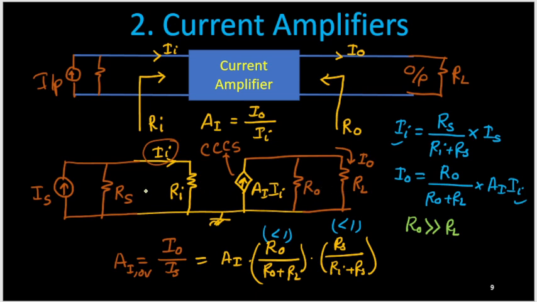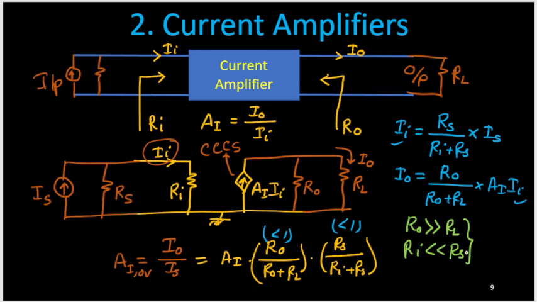Very similarly here, Ri should get the maximum current, so Ri should be very small compared to Rs, and that is also from here. If Ri is very small, then Rs upon Rs will be close to 1, right? Thus, Ri is very small compared to Rs. And you can notice that this input-output resistance combination is just the opposite of the voltage amplifier.